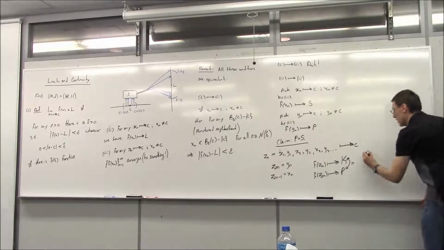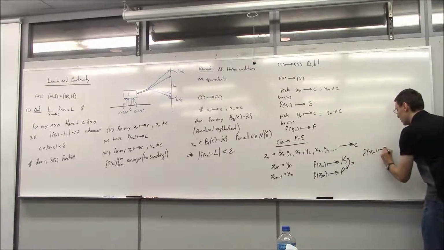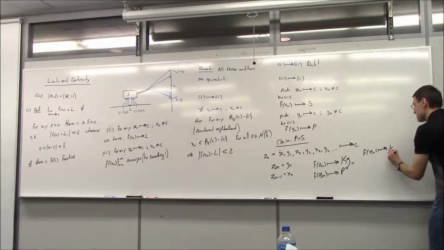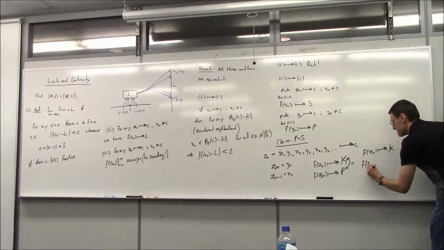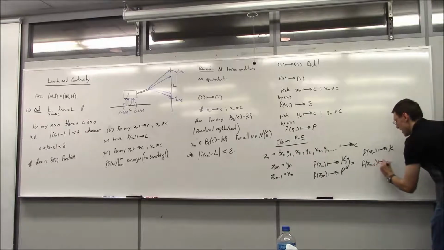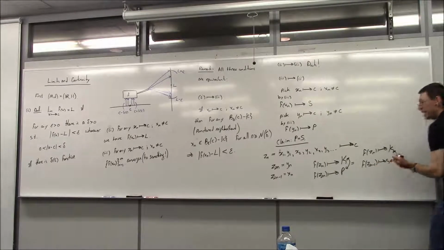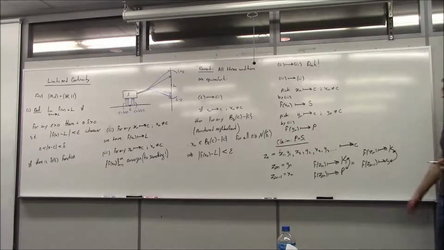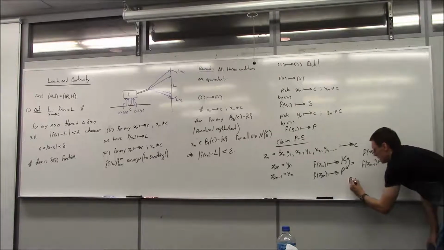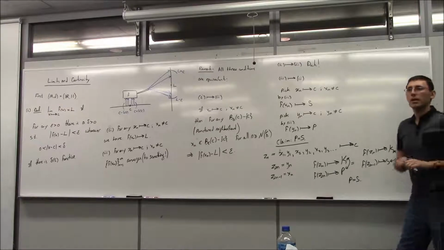Similarly, the odd terms go to s, and so s and k are the same. And so the conclusion is that p equals s.